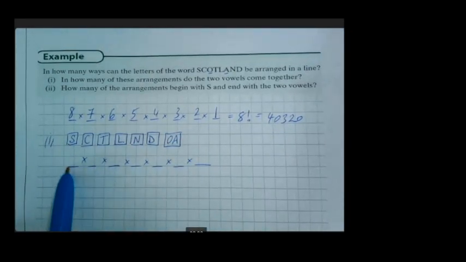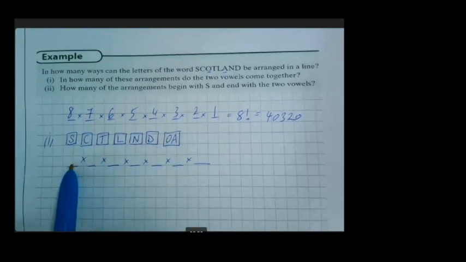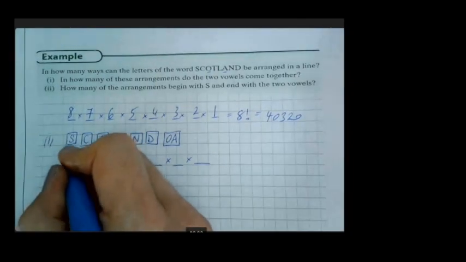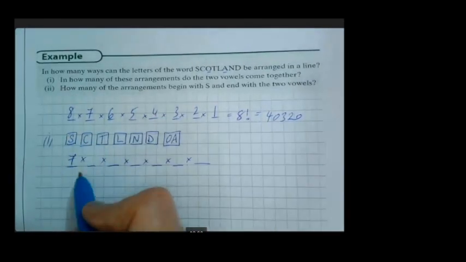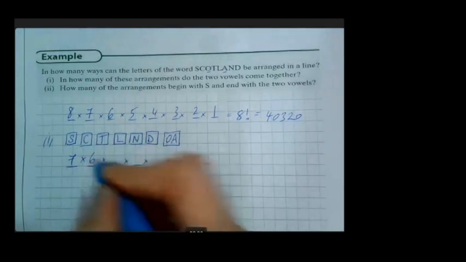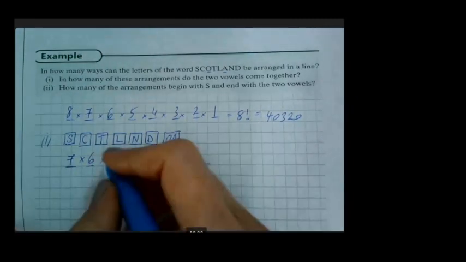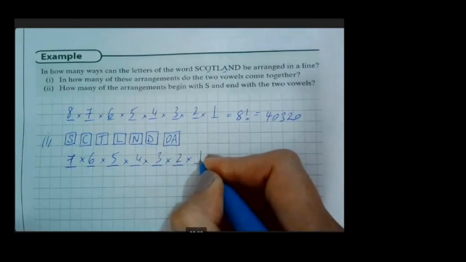The S could go into that first position, or the C, or the T, or the L, or the N, or the D, or the O and A together can go into that first position. Do you see the way we're looking at this? So I have 7 options. And again, once 1 of those tiles is in place, I will only have 6 options for the next position, and 5, 4, 3, 2, 1.